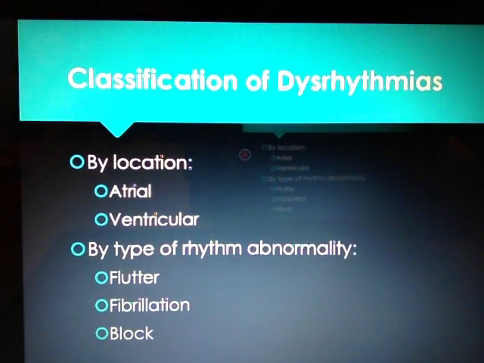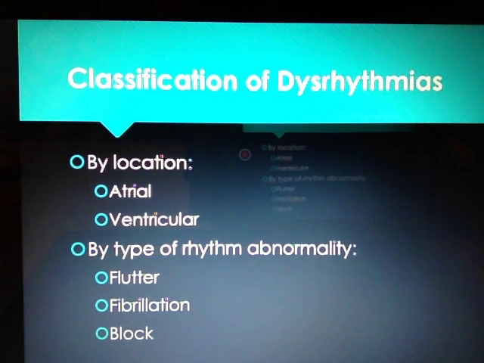So we can classify dysrhythmias by location, if it's atrial or ventricular, so for example, that was atrial fibrillation, or by type of rhythm abnormality. It can be flutter, which is more of a symmetric abnormality that looks like a sawtooth pattern in the atria.